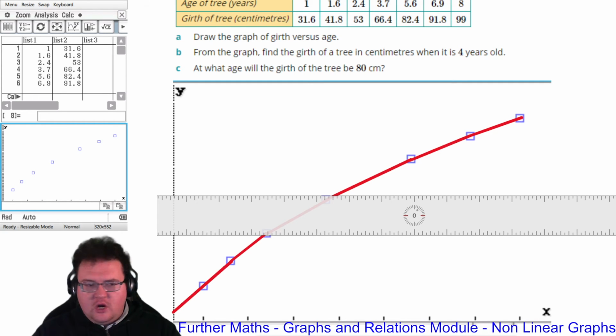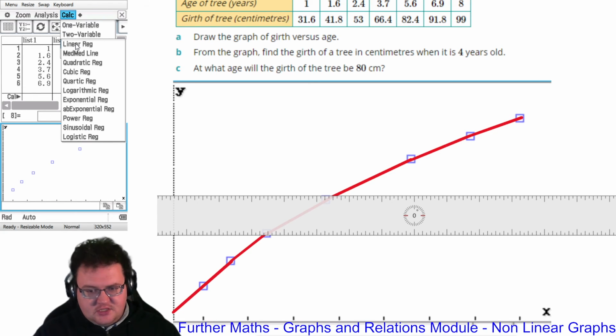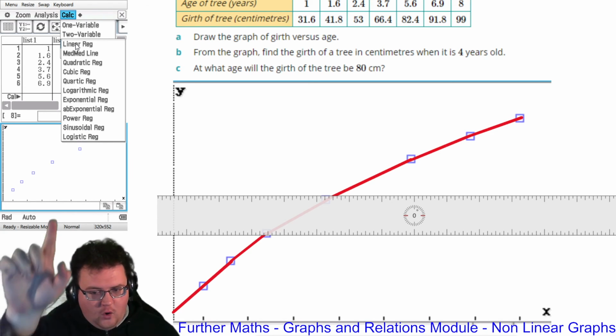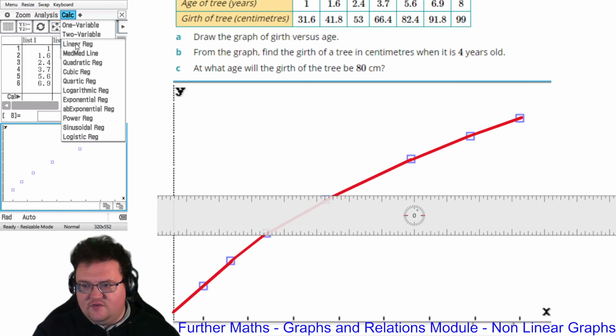All right, and what you may have seen before in your CAS calculator is when you do regressions, you have that long list of all the different types of regressions. So we're normally working with things like linear regressions. But in this case, this to me, because I know what I'm doing, looks like a logarithmic regression.